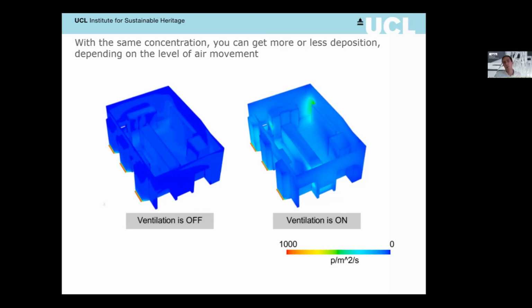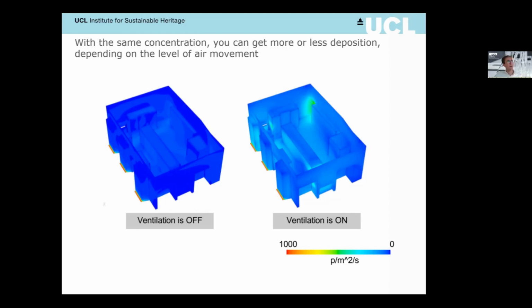So you need to know both how many particles you have and how much your air moves. And that's a little bit tricky sometimes. That is the case for small particles. It is not the case for very large particles, because very large particles just fall to the floor like a dead weight. They are less influenced by air motion.